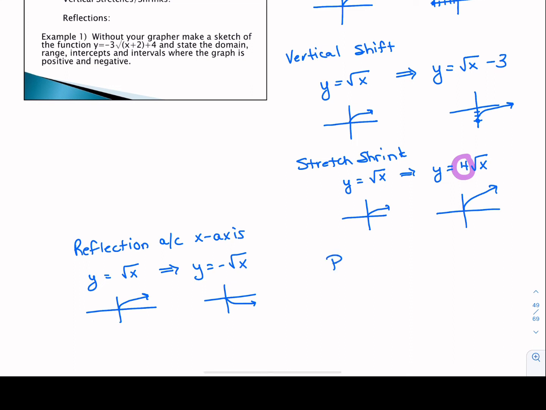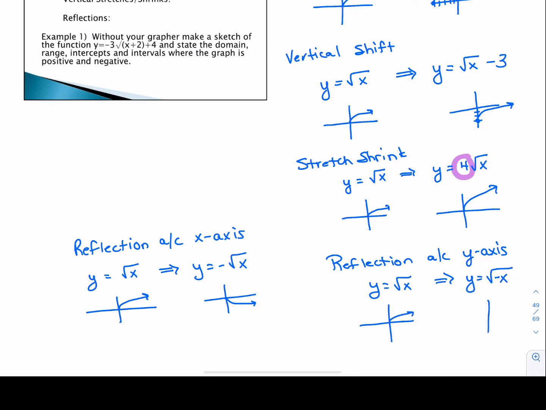If you want instead a reflection across the y-axis, we have to reposition that negative sign. So if we want that reflection across the y, we know that it doesn't mean a negative in front of your radical. It actually means we need a negative in front of the x. So this is going to be y equals the square root of negative x. What this would appear as, again, here's your regular root x.